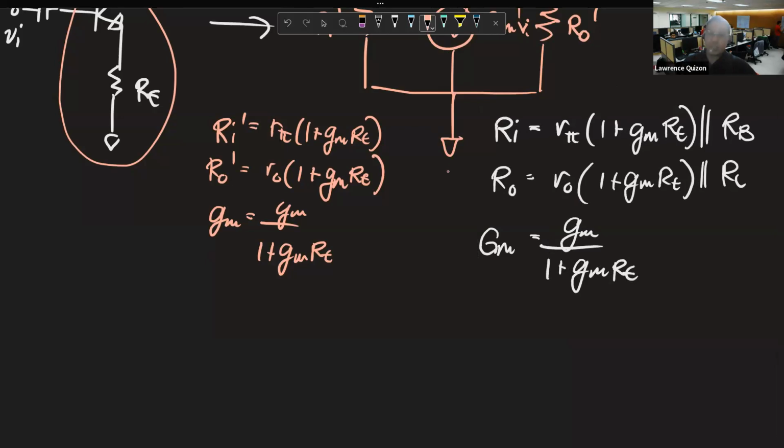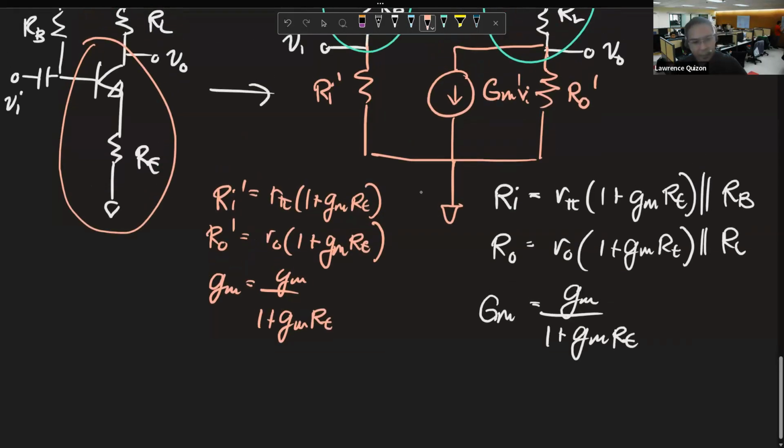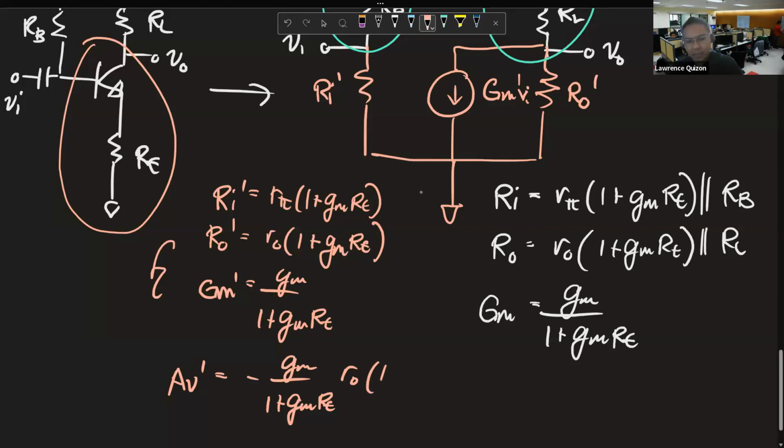But, note this down, no? An interesting thing happens here, no? The gain for this thing is, well, GM prime R out prime, di ba? So that's negative GM over 1 plus GM RE times R out times 1 plus GM RE.